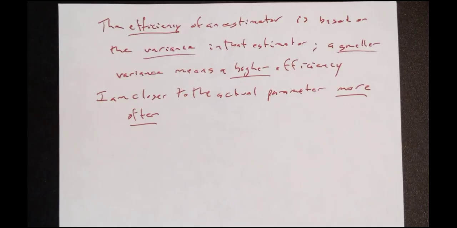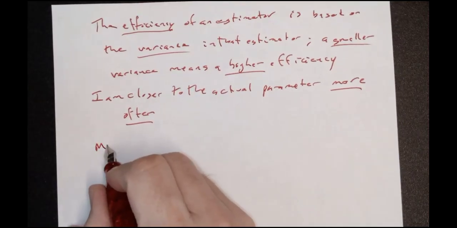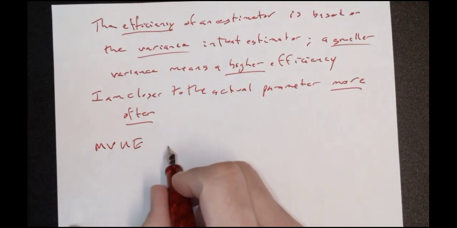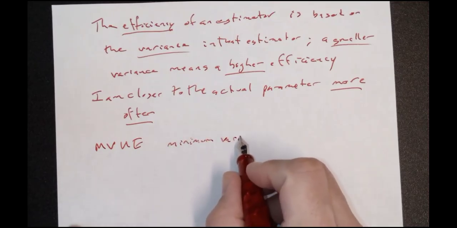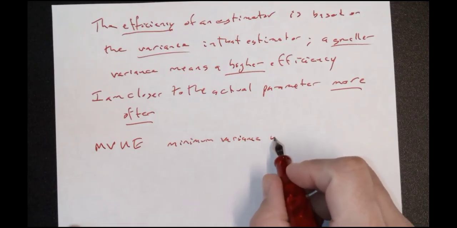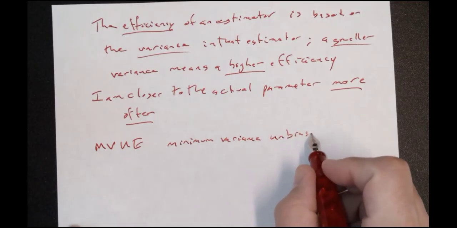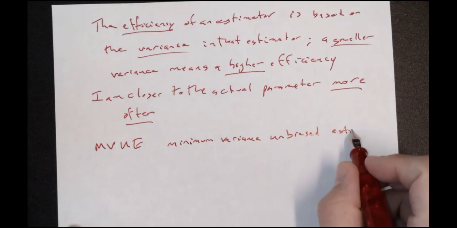If I'm lucky, I can find the smallest possible variance and still be unbiased. MVUE, minimum variance unbiased estimator.